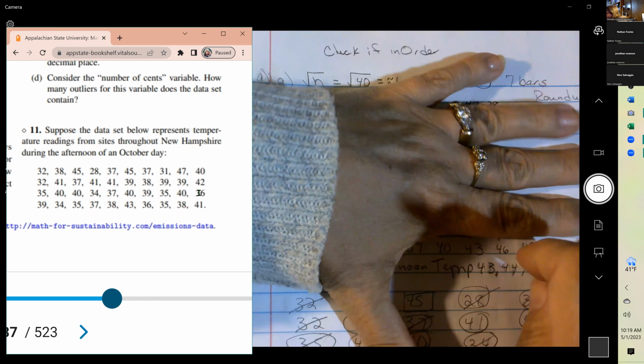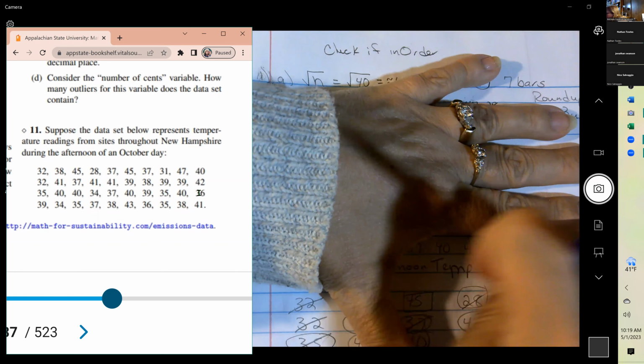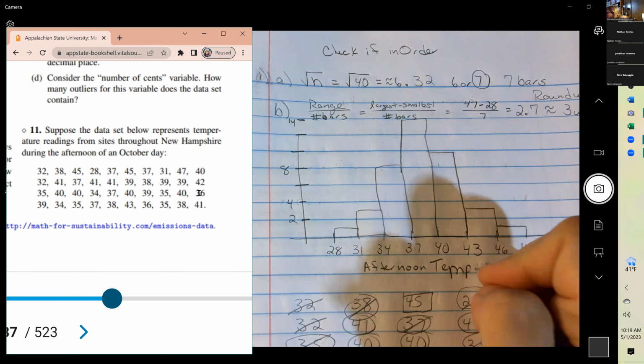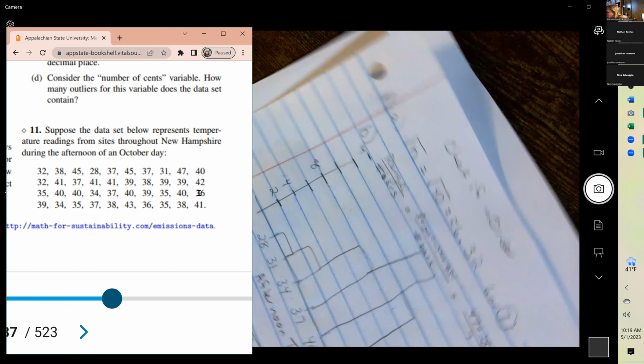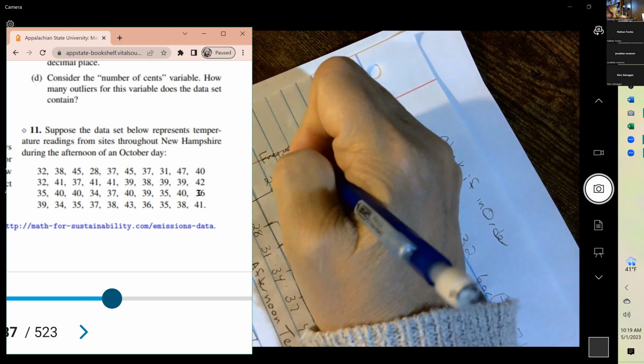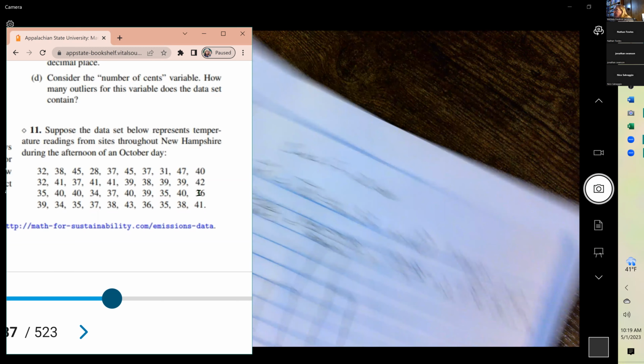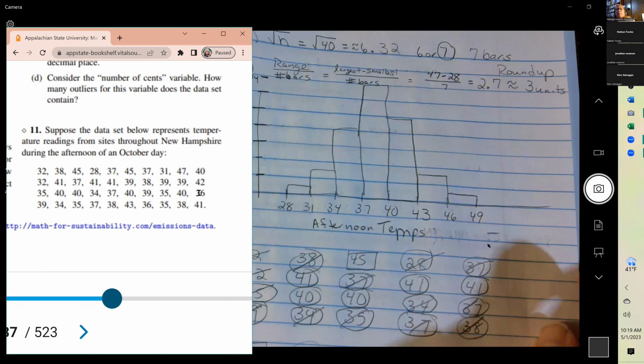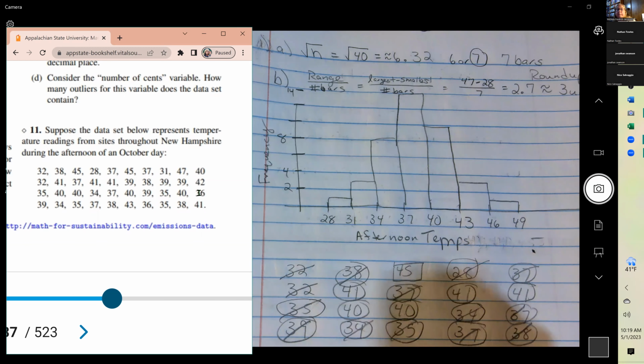So this is afternoon temps. And going up would be the frequency. It's how often those temperatures come up. Any question?